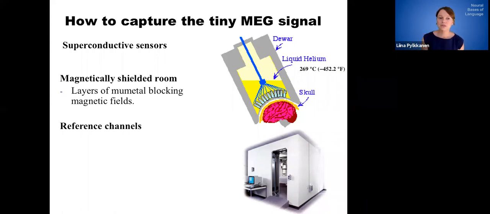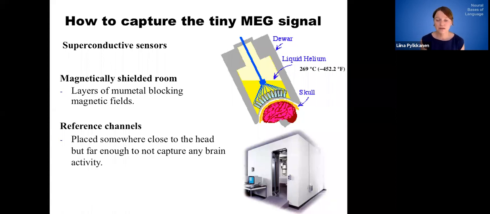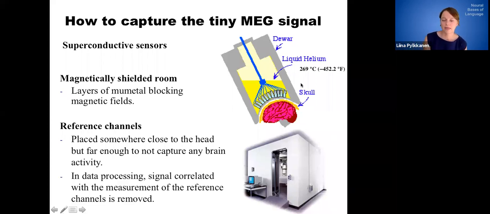And so we measure the activity at those reference channels, and then in data analysis, anything that is correlating in the actual MEG measurement with the measurement that we took out here is going to be taken out. And that way we feel more confident that the MEG recording is not reflecting, you know, the elevator nearby or something like that.